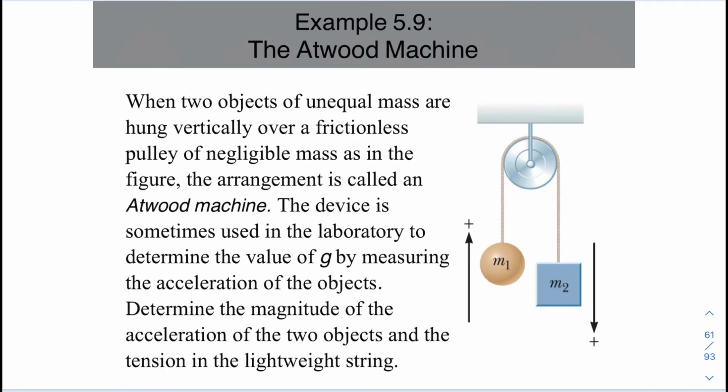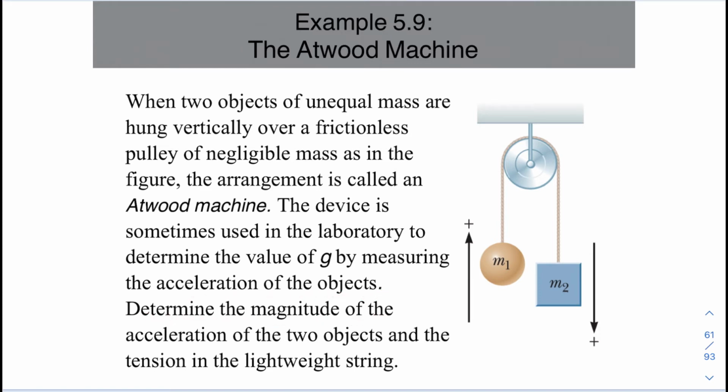Now we move to example 5.9, the Atwood machine. When two objects of unequal mass are hung vertically over a frictionless pulley of negligible mass, as in the figure, the arrangement is called an Atwood machine. The device is sometimes used in the laboratory to determine the value of G by measuring the acceleration of the objects.